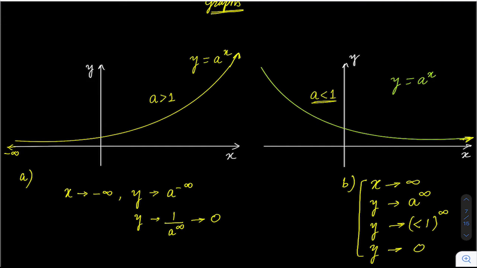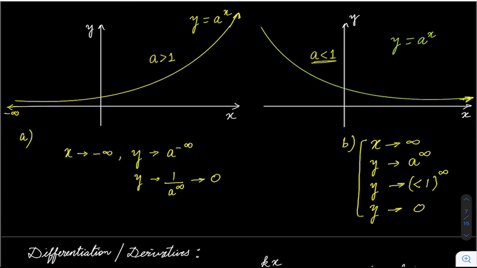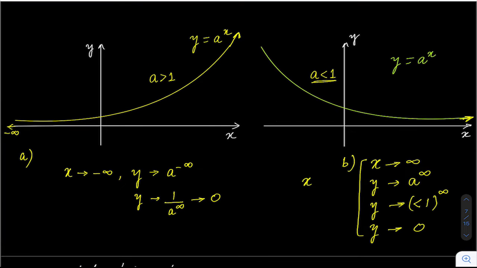And when x is negative infinity, it becomes the opposite: y is a^(-infinity), which is 1 over a^infinity. We know a^infinity is 0 because a is less than 1, so 1 over 0 gives you a very large number, that is infinity. So that's why my graph is like this in part B. I hope you understand the graph.